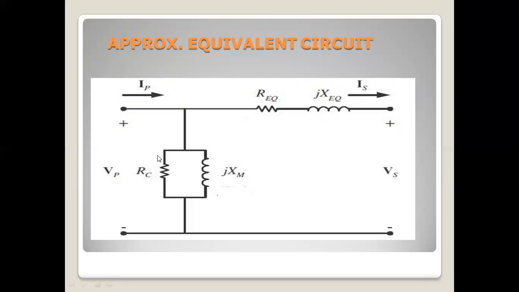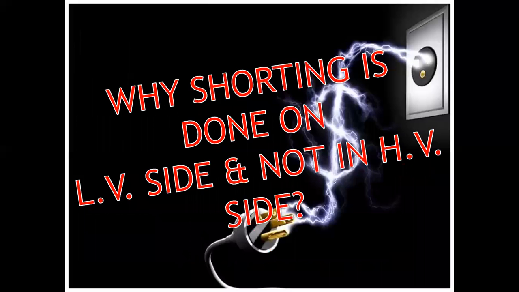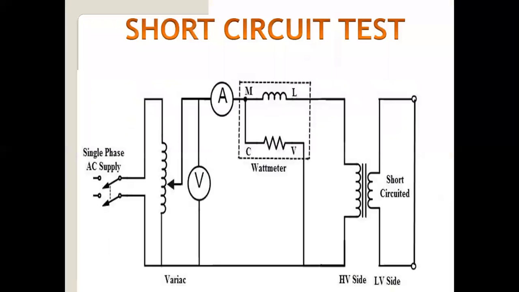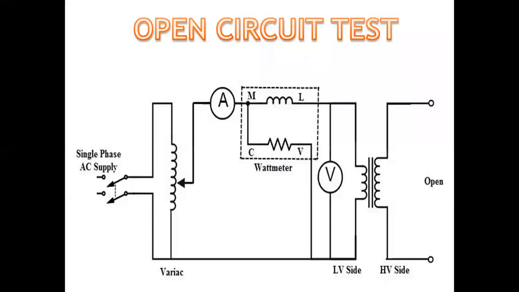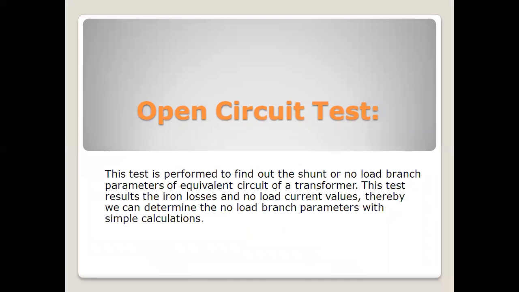The current flowing through the RC is known as IC or IW, and the current flowing through the XM or X0 is known as IM, and the no load component of the current can be easily found from the open circuit test.